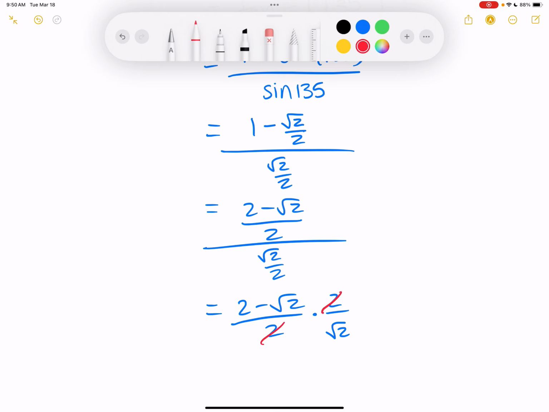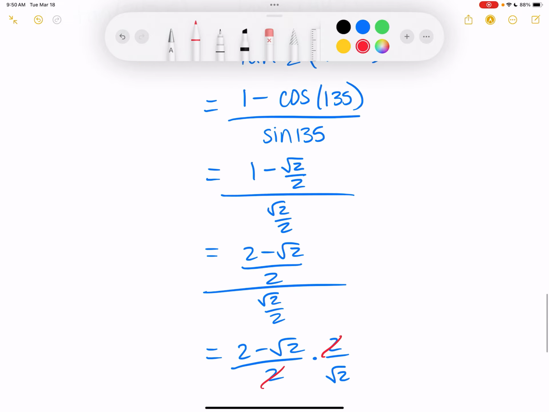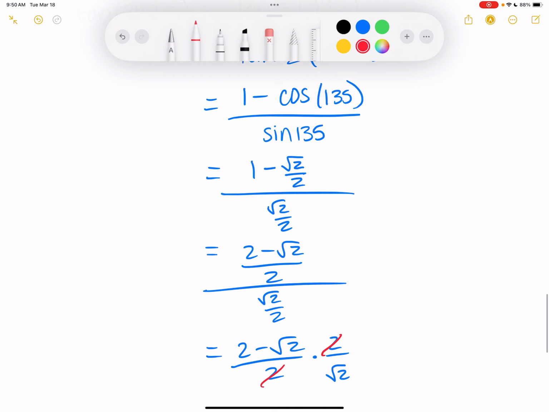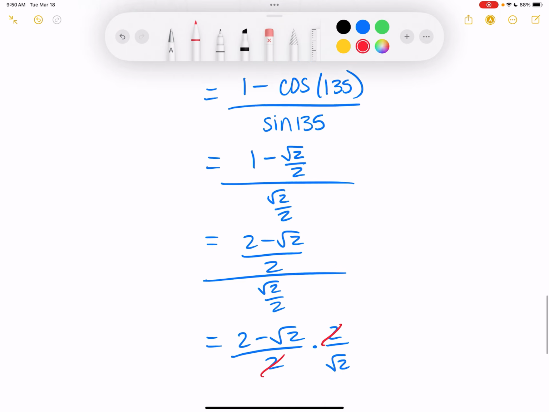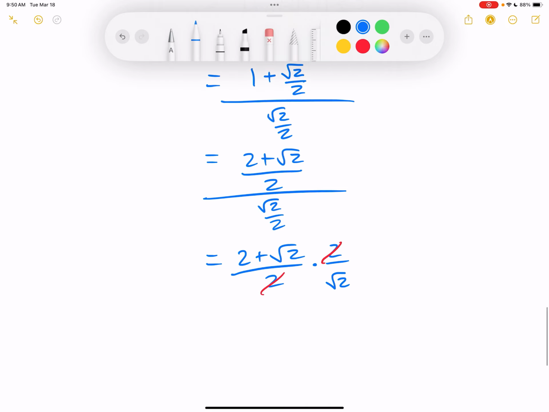Shouldn't it be positive root 2 over 2? I thought, because we're minusing negative root 2 over 2. Yes, at the very top, because cosine of 135 is negative root 2 over 2. It should be positive. The 2s cancel. So then we've got 2 plus root 2 over root 2.